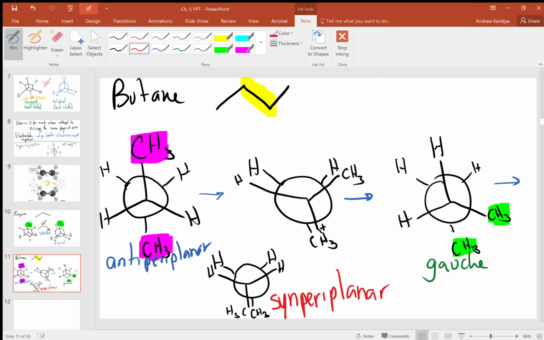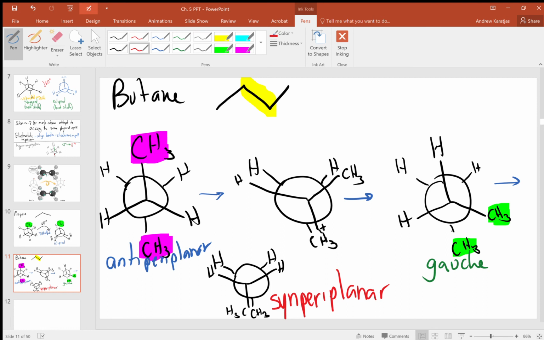And so finally, you might ask, what about molecules more complicated than butane? I would suggest build a model of pentane, and then look down the C2, C3, the second and third carbon bond, and maybe put that into a staggered conformation.